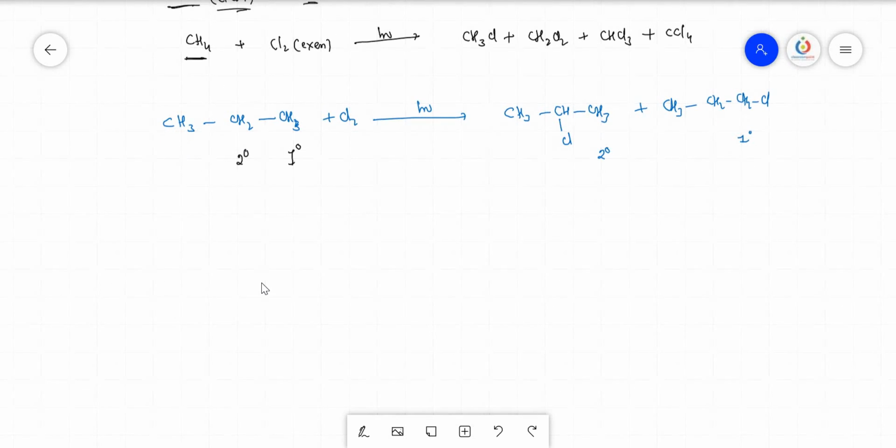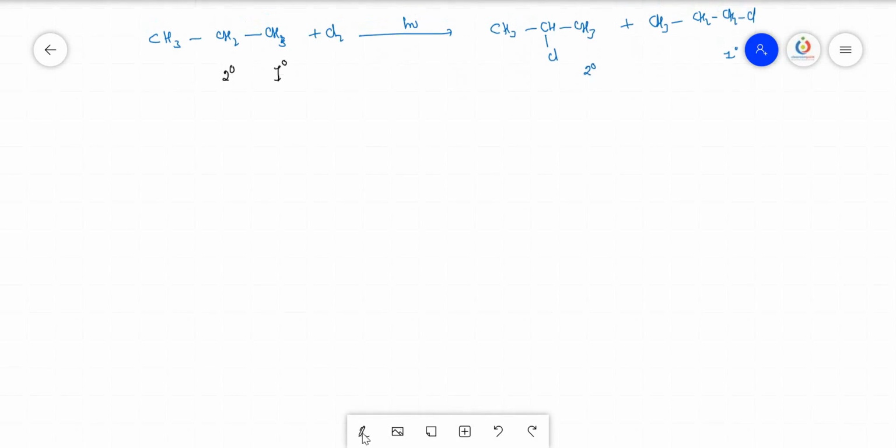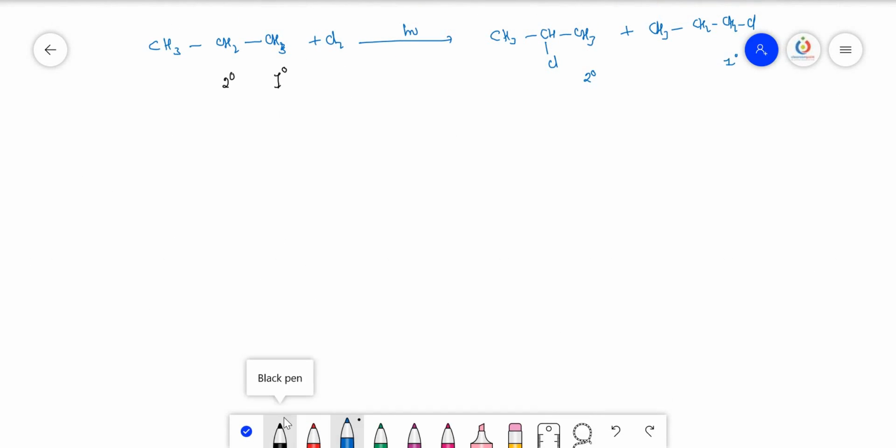If different types of hydrogens are there, different numbers of alkyl halides will be formed. So the number of alkyl halides we are going to get depends on the number of types of hydrogen atoms present here. Next, one more molecule is there. Now you just take the cyclohexane molecule.